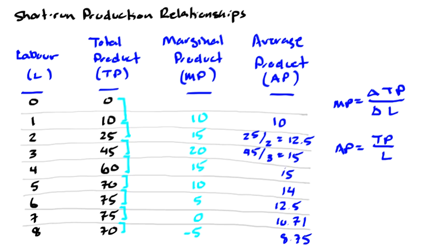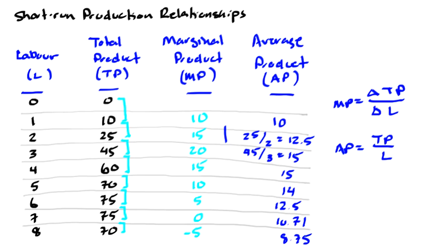At the point where average product is 15 and marginal product is 15, average product begins to decline. That's the relationship: average product increases until it equals marginal product, after which average product declines. Now you can see the relationship between labor and total product, marginal product, and average product.